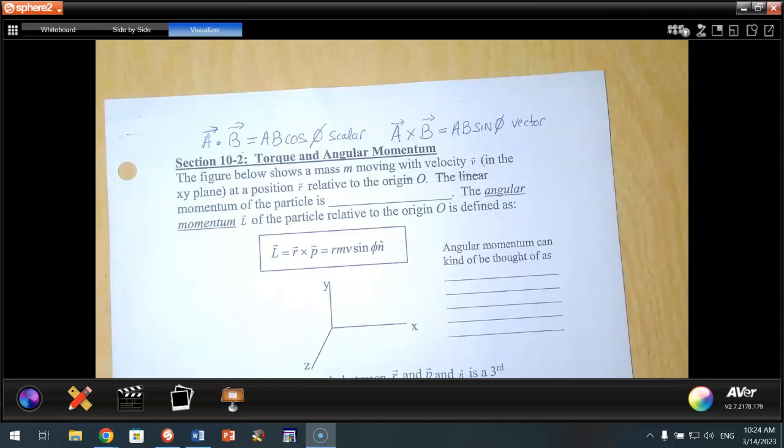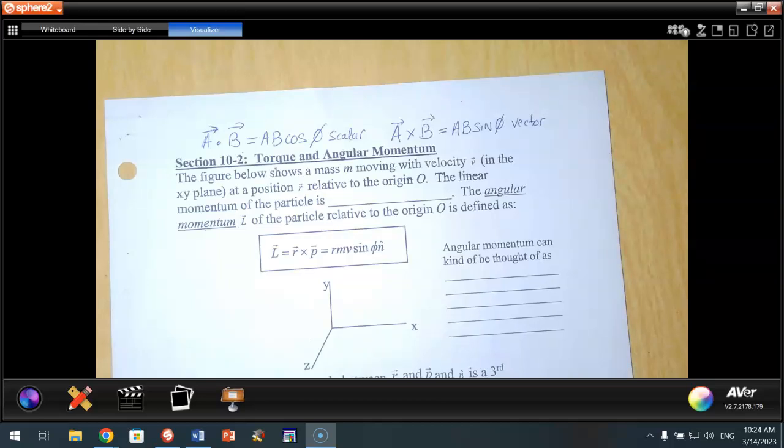The first term that we're going to talk about is angular momentum. Angular, as you know it right now, pretty much means rotational, but you're going to find that there's something a little different about that with this. And momentum, you've used the word momentum before in physics.